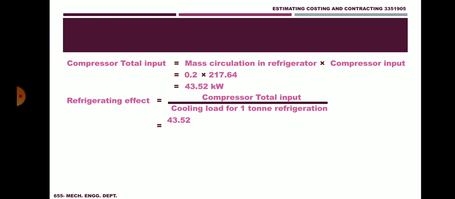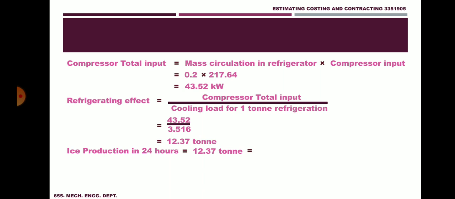So the compressor total input is 43.52 divided by 3.516 for making ice cubes, so it is equal to 12.37 ton. So ice production in 24 hours is 12.37 ton, which is equal to 12,370 kg.